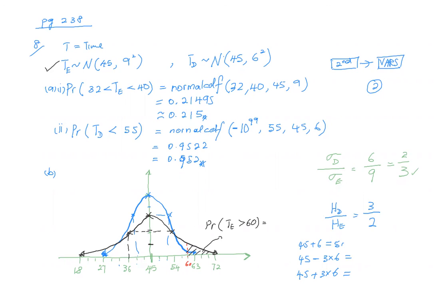Then the one in blue, the little one here, is the probability for Demi to be greater than 60. So now, who is more likely to spend at least 1 hour at the gym? At least 1 hour.